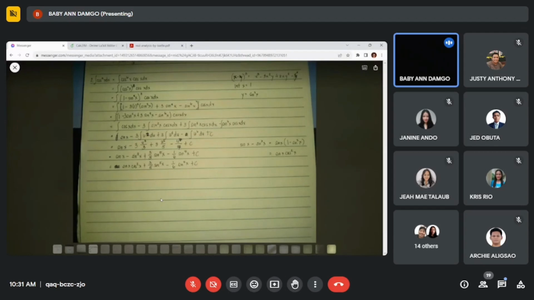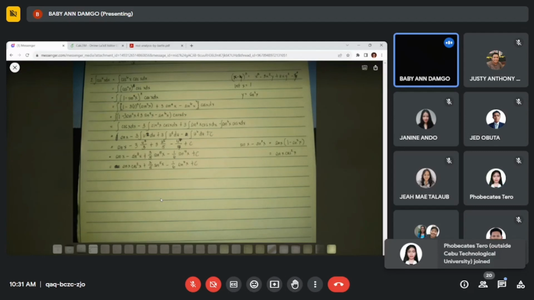Okay, 1 minus 3 sine squared plus 3 cosine x dx minus 3 sine squared plus 3 sine to the fourth x minus sine to the 6. Okay, so derivative, so we have 3 u sine du, u to the fourth, it's 3 u cube over 3 plus 3 fifth u to the 5 is 7.